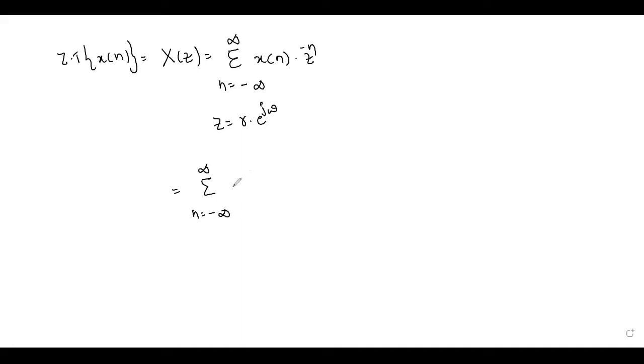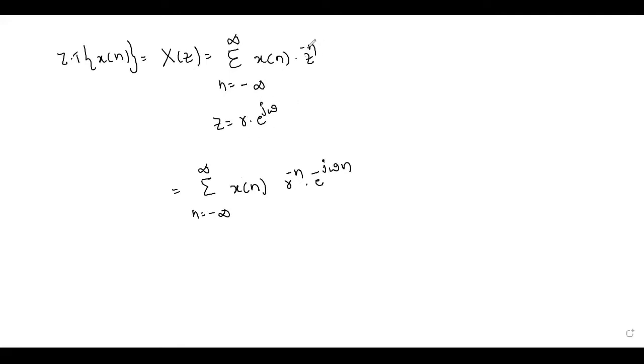Okay. x of n. Now in place of Z, I am going to substitute this: R power minus n e power minus j omega n. Just I have substituted this Z value here.